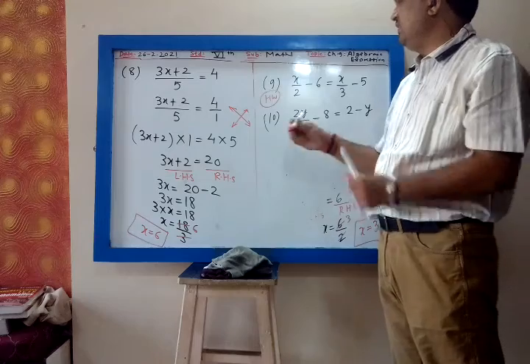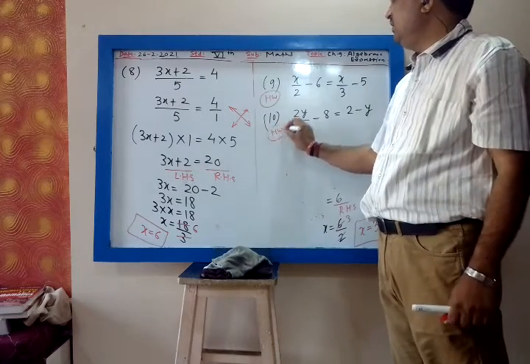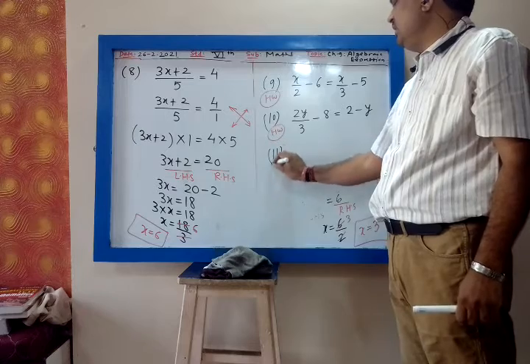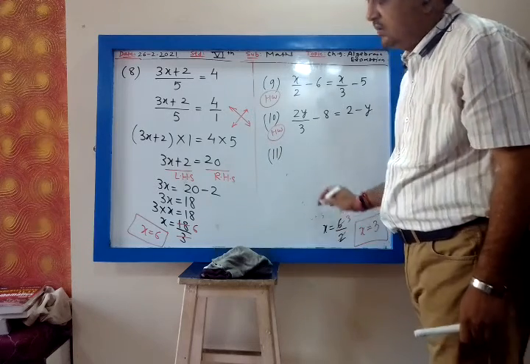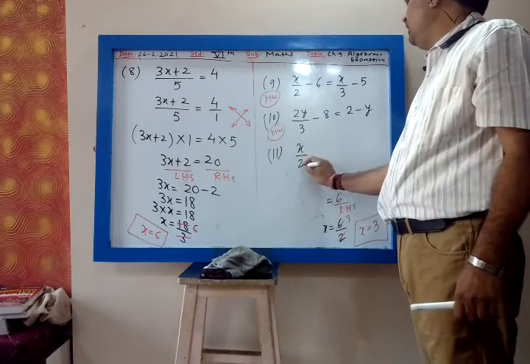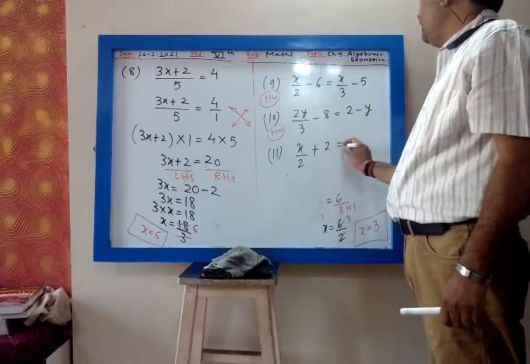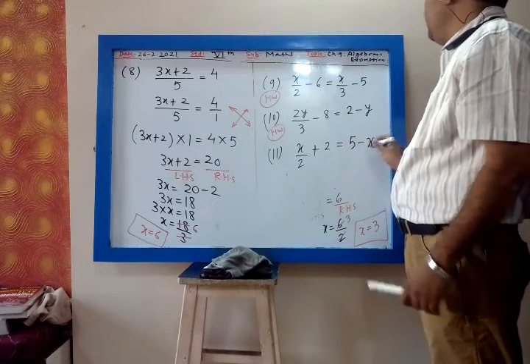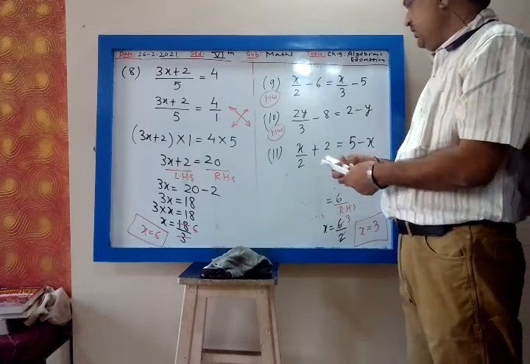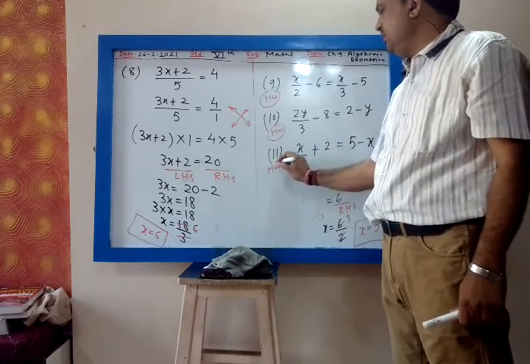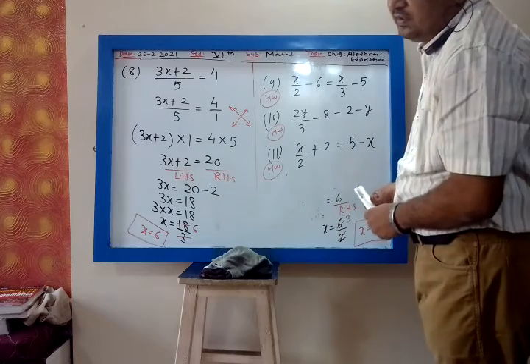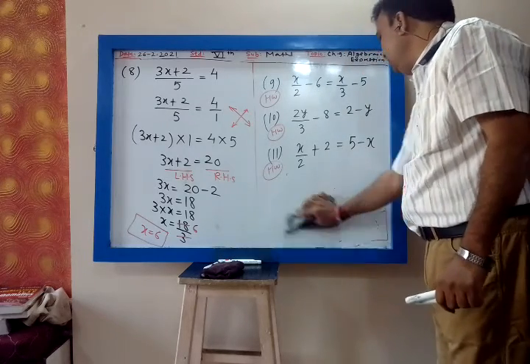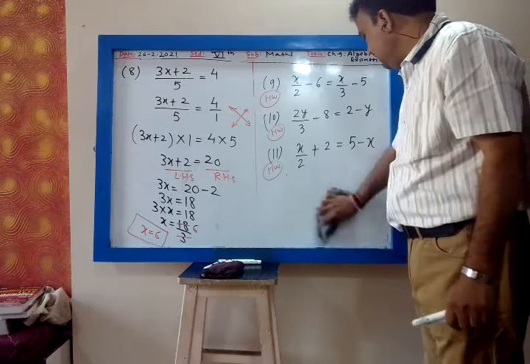This is the same as the 7th one. You can do the homework after your exam. 11: x upon 2 plus 2 is equal to 5 minus x. So these three problems are the same as the 7th problem. 9, 10, 11 are the same as the 7th.